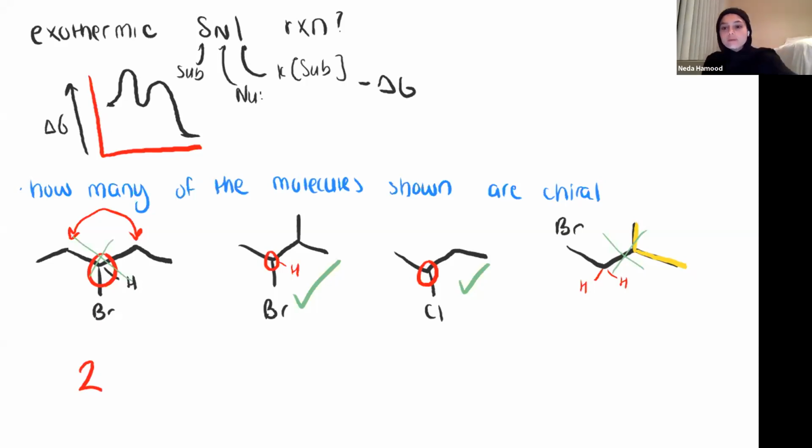Chiral compounds will rotate plane polarized light, but meso compounds won't. So that's why meso compounds are not considered chiral. Does that make sense? I feel like I just said the word chiral so many times, but the show will go on. So over here.